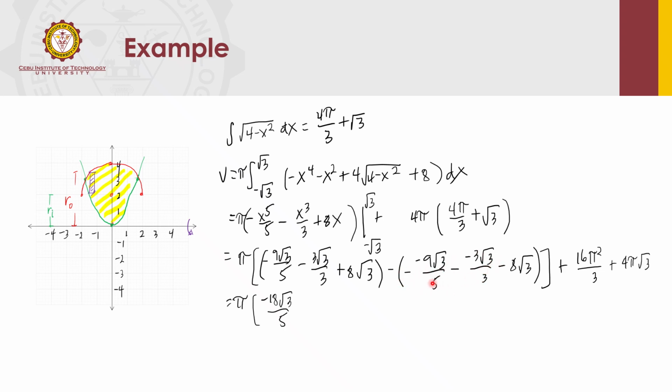That's negative 2 square root of 3. And then we have 8 minus negative 8, 16 square root of 3, plus 16 pi squared over 3 plus 4 pi squared over 3.